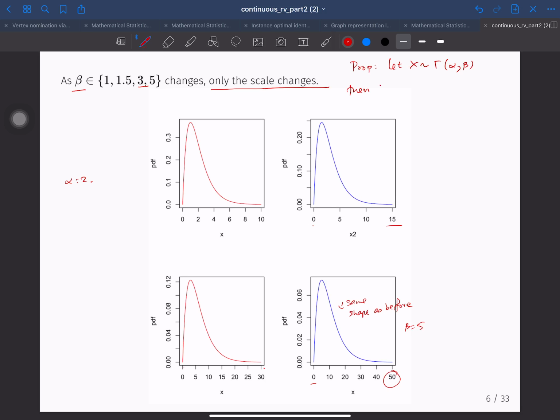Then Y, which is c times X, is distributed gamma(alpha, c times beta). So it changes the scale. You can prove this at your leisure. By scaling the random variable X, we get a new gamma that just changes the scale, which coincides with what we described here.